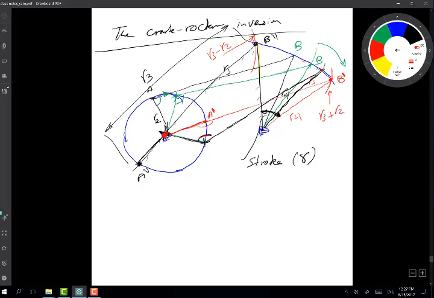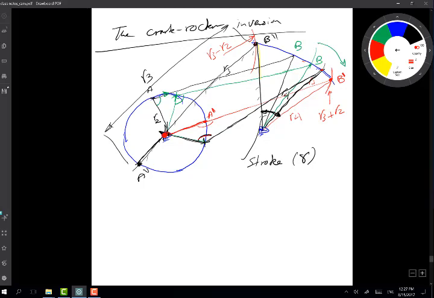To find the prime one. So the B prime and B double prime signify for me the end motions of link number 4, right? Okay. And the stroke between the two, the angle between the two points, if you like, between R4, the positions of R4 which correspond to those points, this angle is equal to gamma. This is a stroke. All right.